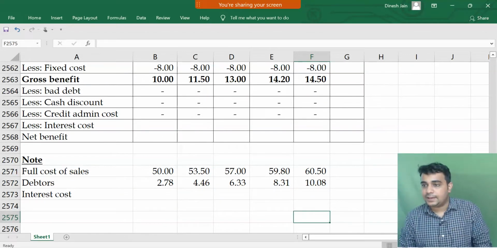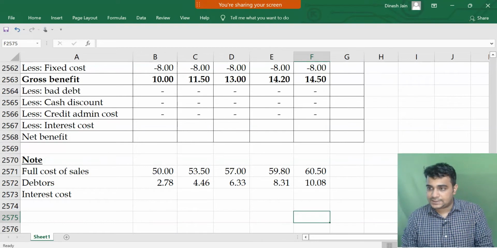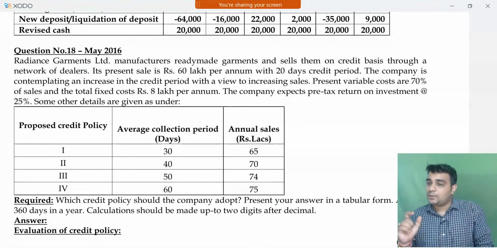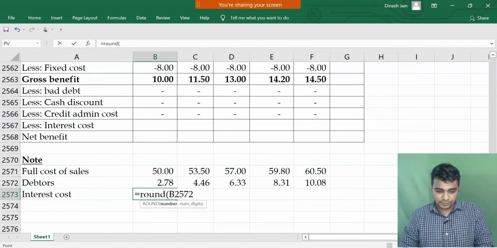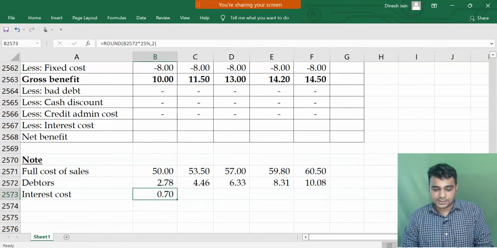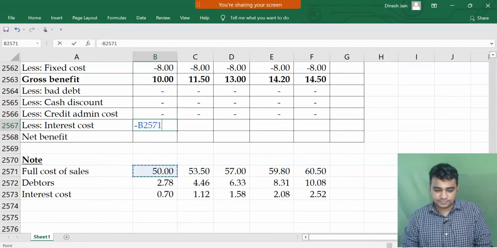So we take that number into 20 by 360, 30 by 360, 40 by 360, 50 by 360 and 60 by 360. Your interest cost depends on the return which the company wants. They want a return of 25%, so this into 25%. In every question I'm going to do the same thing. So this is my interest cost.